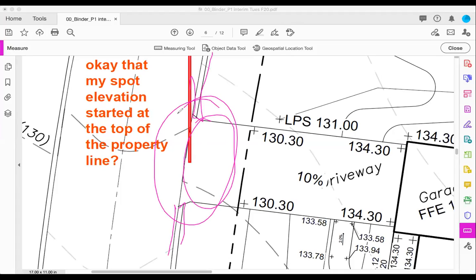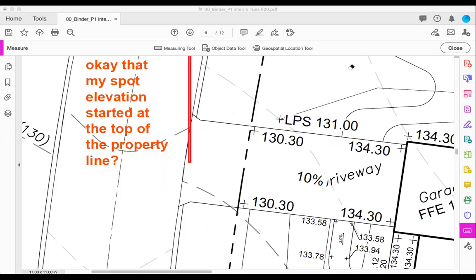So the project one description already also said that your grading can go beyond the property line only at the location in the area where the driveway connects to the main road. Okay, so I understand you were trying to start the spot elevation in the property line, but actually you should start with the connection.